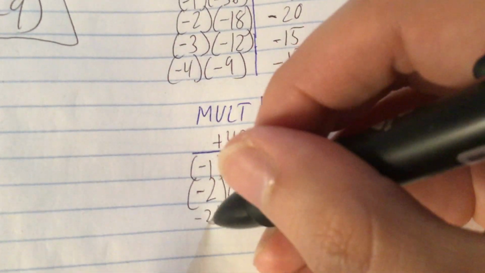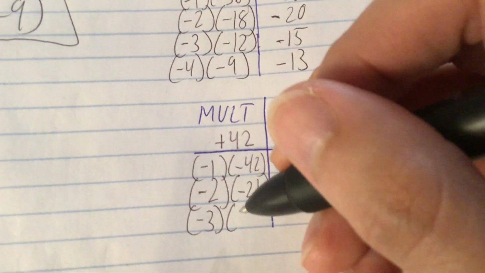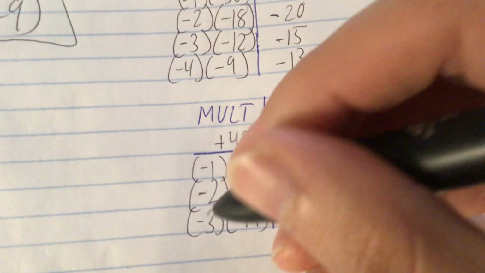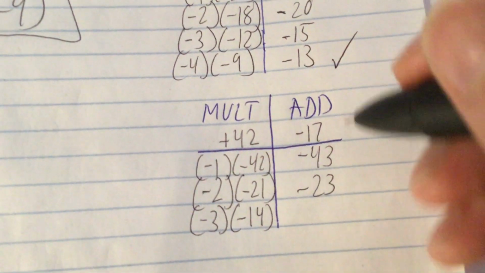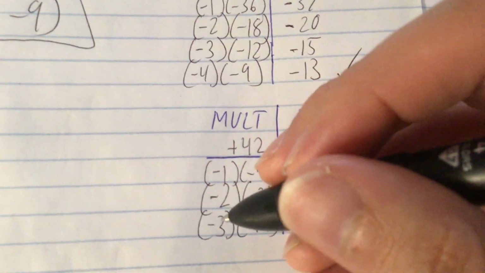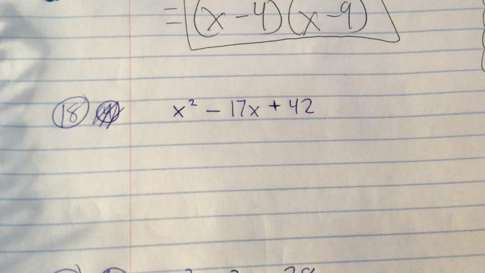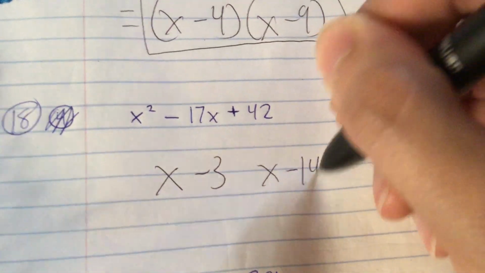Divide by 3. 42 divided by 3 is 14. Negative 3 times negative 14 is positive 42. Negative 3 plus negative 14 is negative 17. There we go. We win. So the winning team is negative 3, negative 14. That becomes x minus 3, x minus 14.